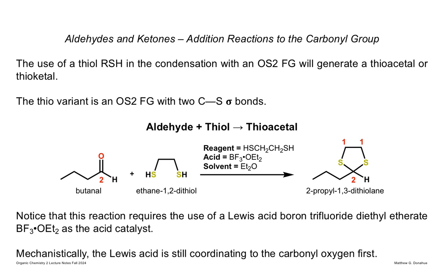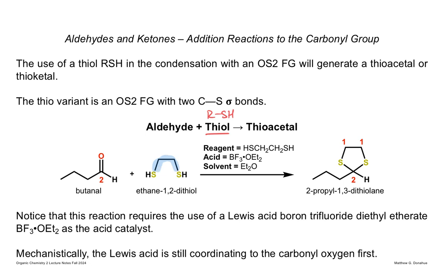Another useful variant of this, so two things on this slide. The first is you're using a thiol, so that's RSH. And the other thing to point out, I'll highlight in blue, notice that the thiols are connected.